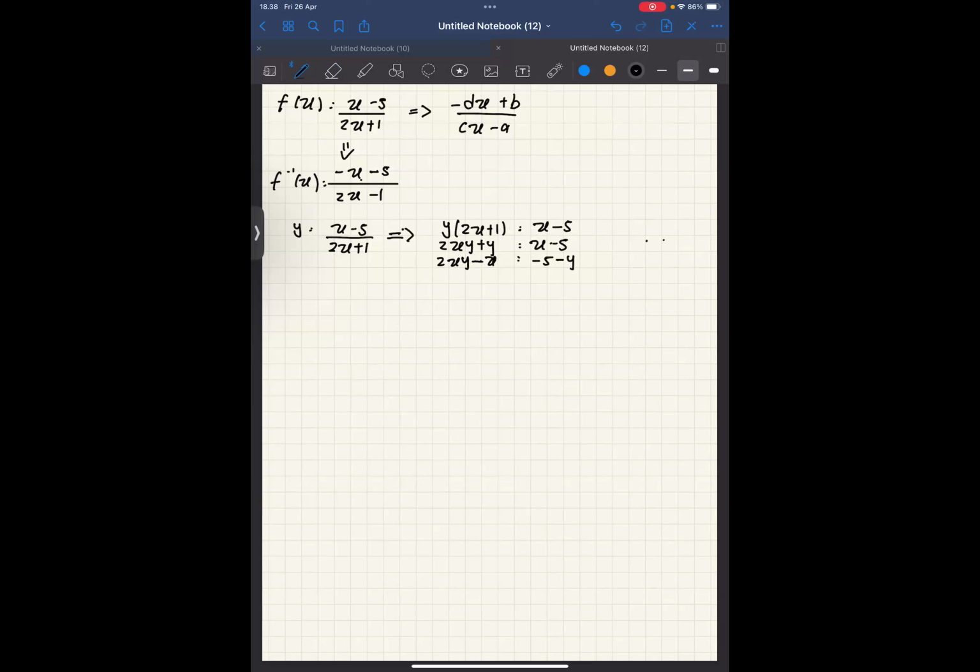We can also write this as x times 2y minus 1 equal to minus 5 minus y. So the x should be minus 5 minus y over 2y minus 1. Changing the x to f inverse and the y to x, we get minus x minus 5 over 2x minus 1, which is the same as the short way.